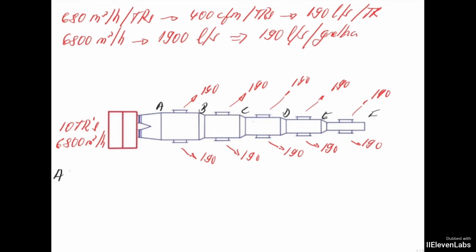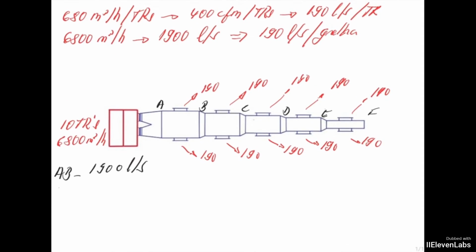So our AB section corresponds to the total flow of the machine, which is 6,800 cubic meters per hour or 1900 liters per second. So in the AB section we're going to have 1900 liters per second.